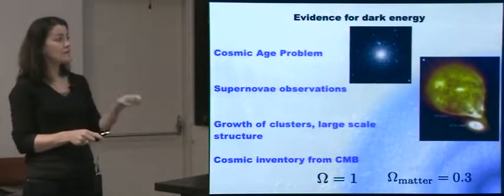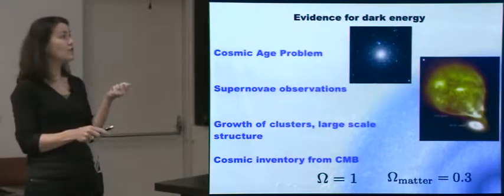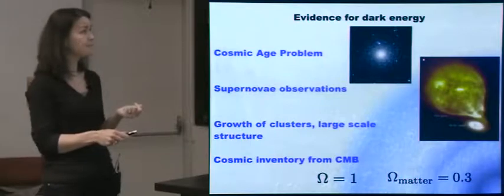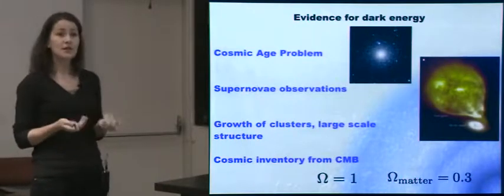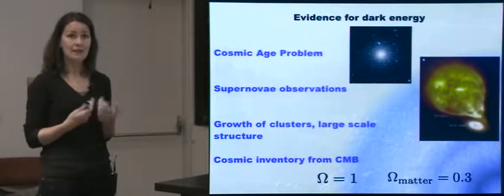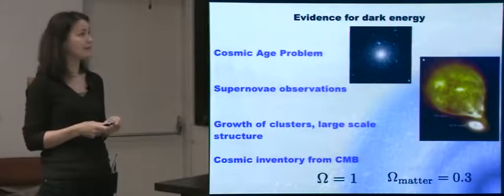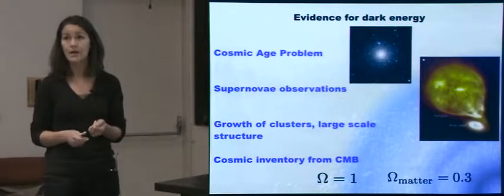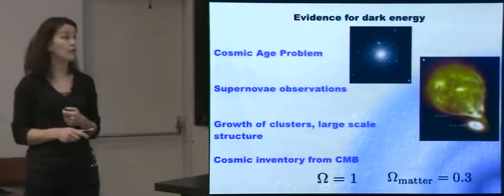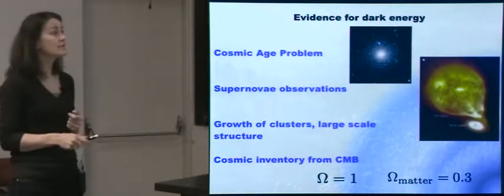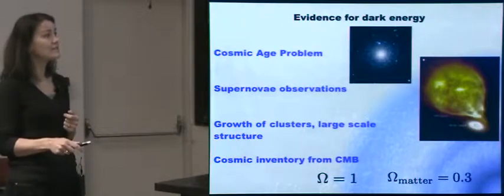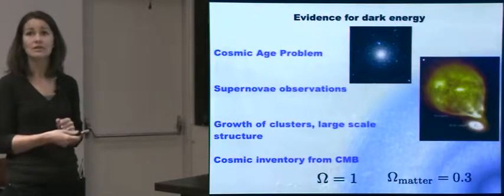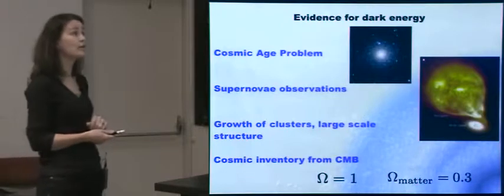The cosmic microwave background was telling us that the total energy should equal 1, in some units that make it dimensionless. But when we add up all the stuff we see, all the clusters of galaxies and hot gas in galaxies and in clusters of galaxies, we were getting a value for the total matter content, which includes dark matter, of only 0.3. So this was giving us this very simple arithmetic of a large proportion, 0.7 or 70% of the universe, missing. And that is the component that is dark energy.